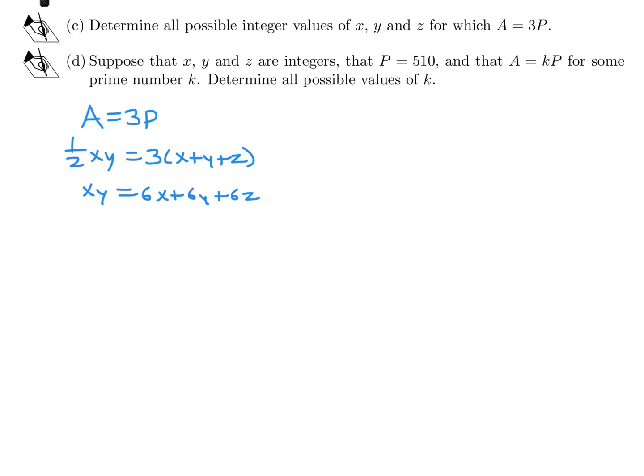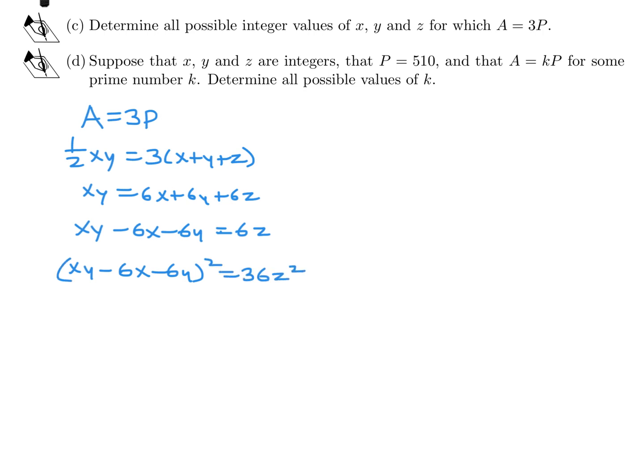And then let's see what we can do with the Pythagorean relationship. So we're going to have to put this on the other side, 6y, 6x like that, 6z, and then let's square both sides, because that will allow me to get a z squared in there.